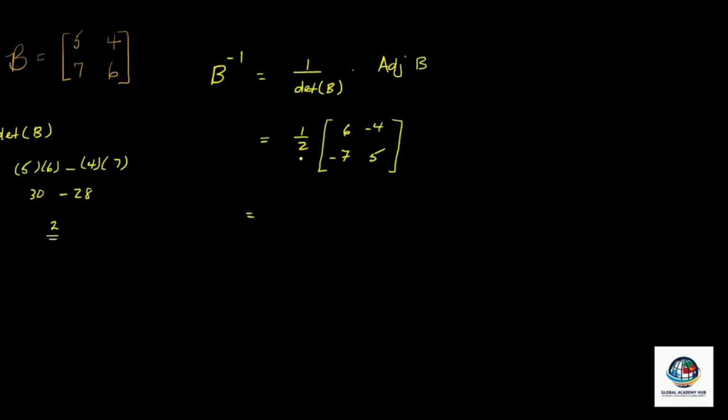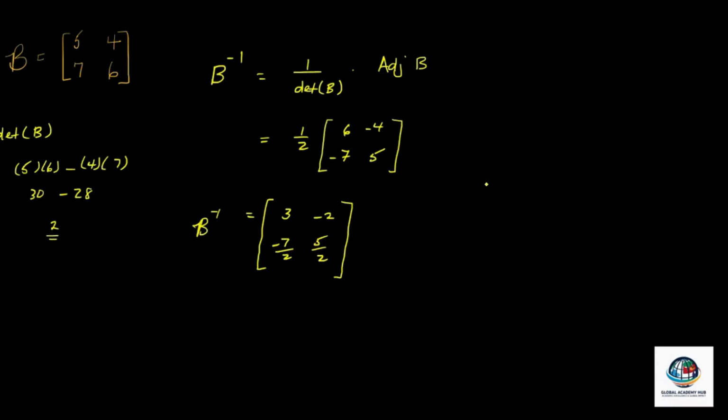And this is a scalar multiplication, so 6 times 1/2 is 3. Minus 4 times 1/2 is minus 2. Minus 7 times 1/2 is minus 7/2. 5 times 1/2 is 5/2. And just like that, I have the inverse of B.